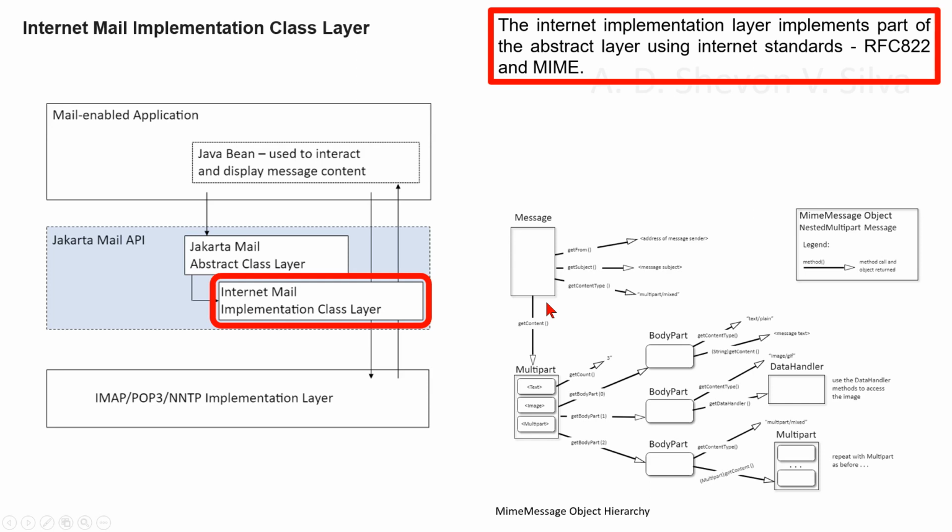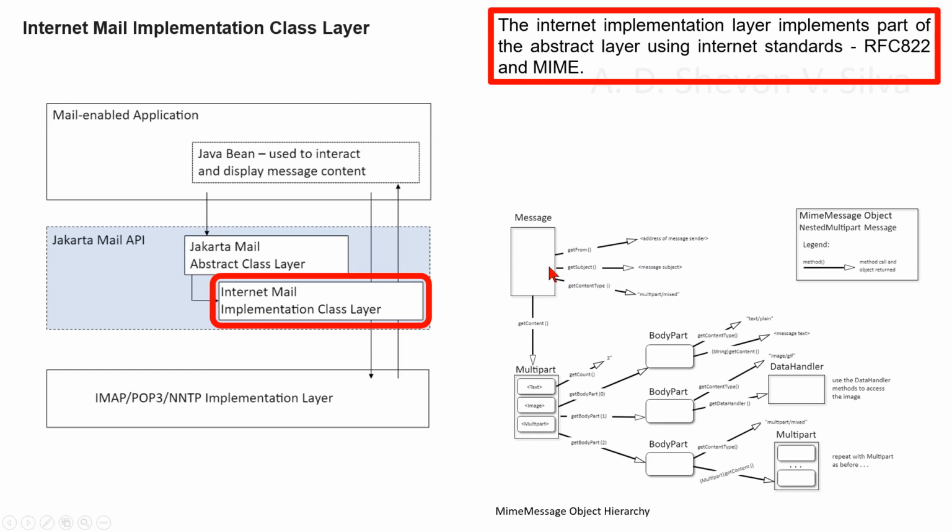Here you can see the message. The getFrom method returns the address of the message sender, the getSubject method returns the message subject, and the getContentType method returns, for example, multipart/mixed.